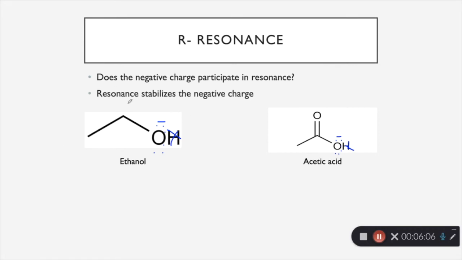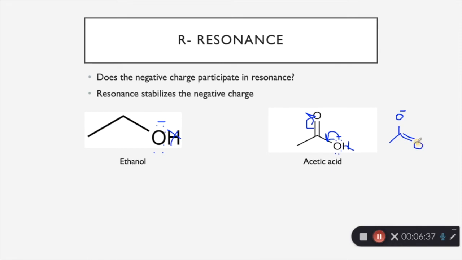If you look at ethanol, this negative charge is localized on this oxygen. These lone pairs can't be pushed anywhere, but for acetic acid, it can. You have another oxygen with a double bond right here. So if we push these electrons here, and then we push these electrons up, you have a resonance structure. And I'm not going to draw all of the lone pairs, but you know they're there because of that oxygen.